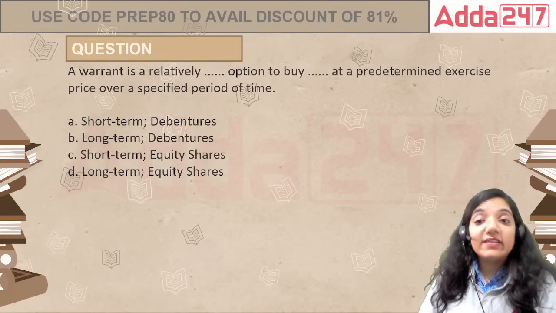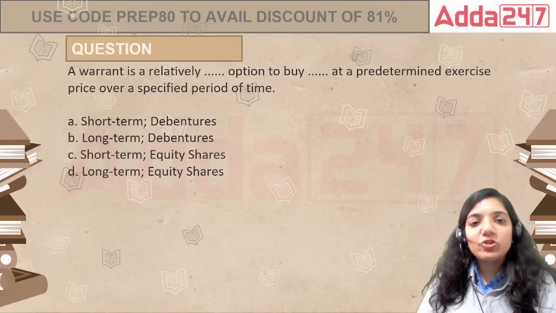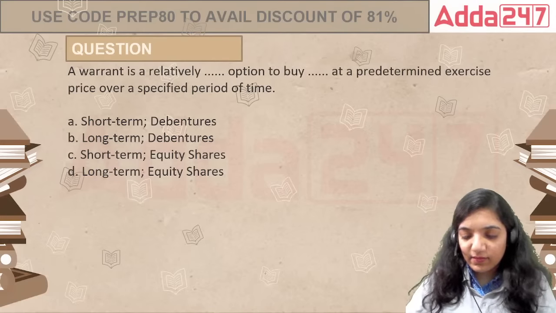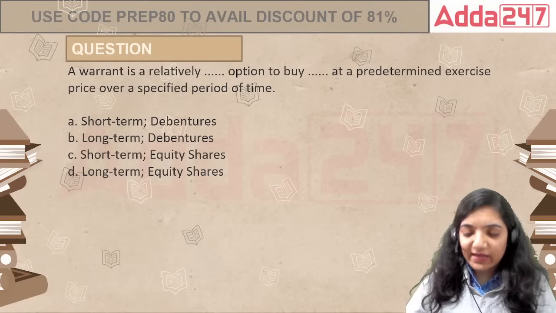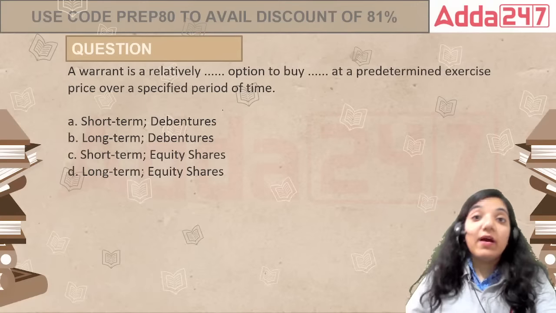Chaliye, in this case, a warrant is relatively a dash option. Is it a long term option or a short term option? See, the point is in this area, Sirisha ma'am, I think you are looking forward towards the correct area as well. Normally, what we say is the warrants are basically issued till the time we do not issue them a share.